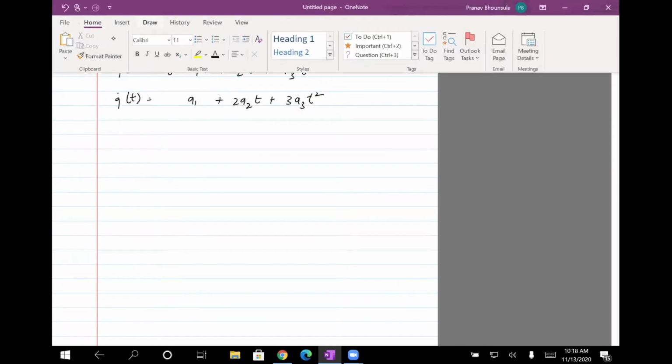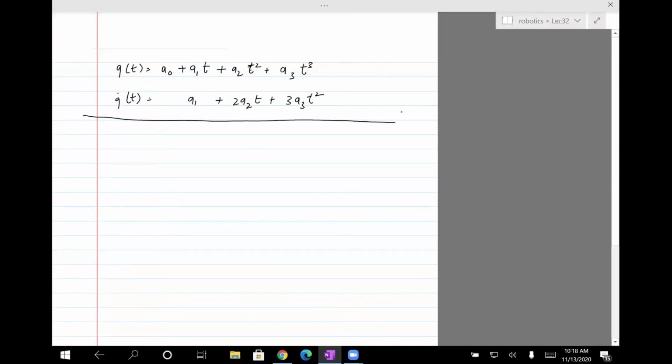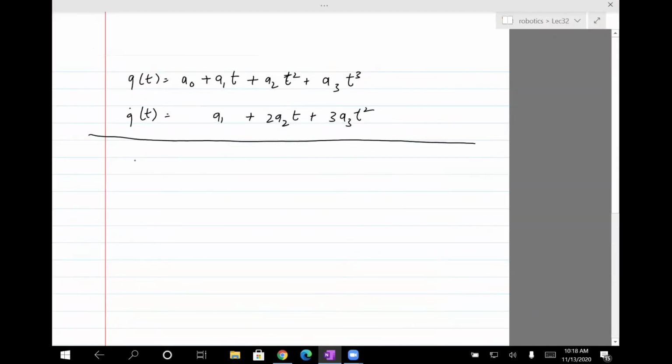Let me now sub in these equations. So first we have q0 equals a0 plus a1 t0 plus a2 t0 square plus a3 t0 cube. That's equation 1. Equation 2 is subbing in tf for t.